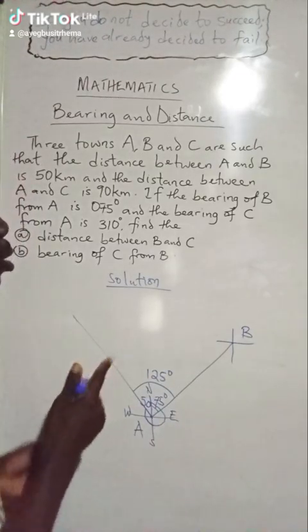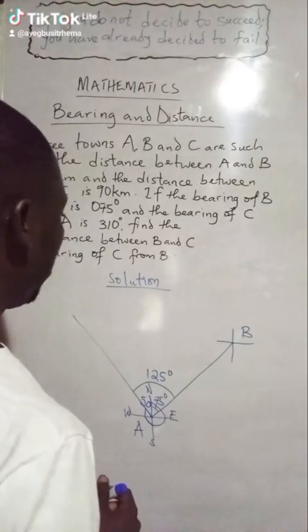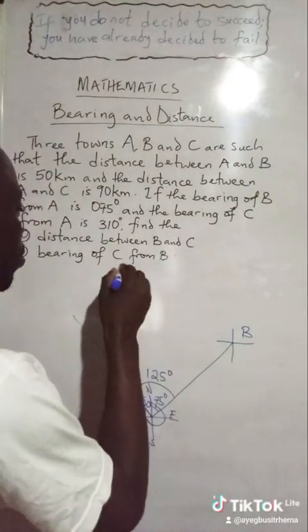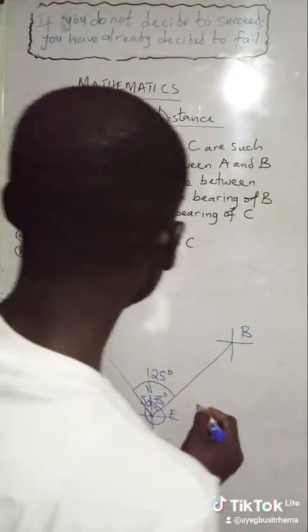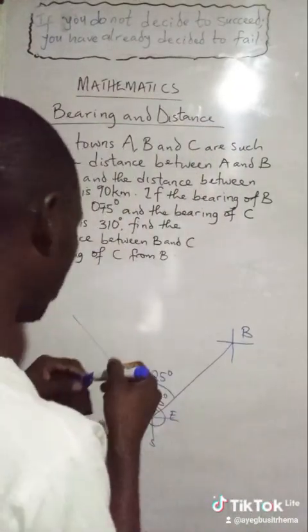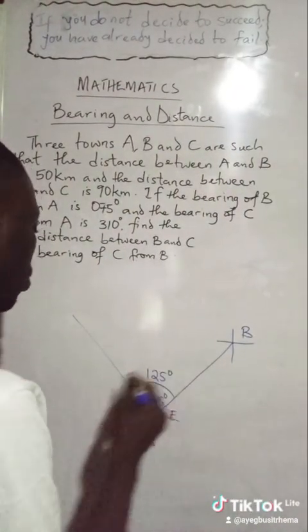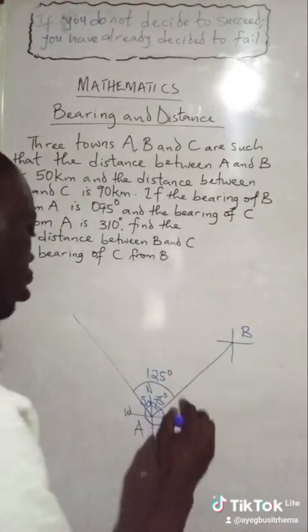Alright? Okay. Permit me to erase the solution and shift it a little bit upward. Or let's use it completely because of the space that we need here. So you have this. Now, the distance between A and B is 50 kilometers.